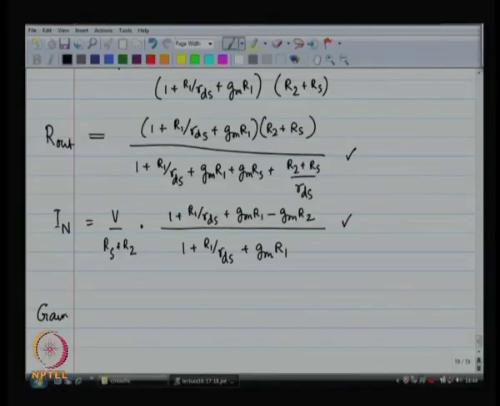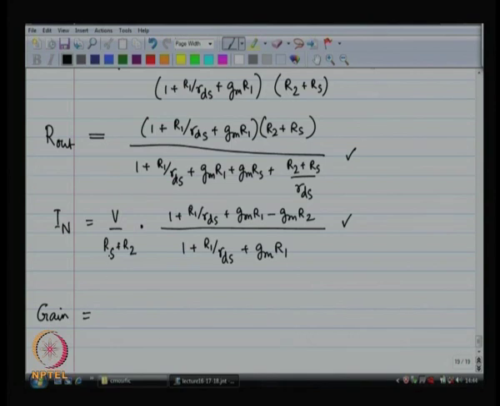Then you just multiply IN and R out and that is your voltage at the output. Divide by V, that will give you the gain. So the gain over here is IN times R out divided by V.